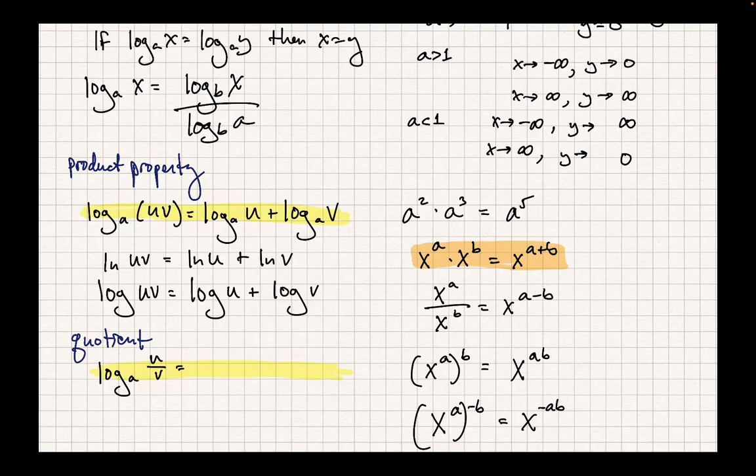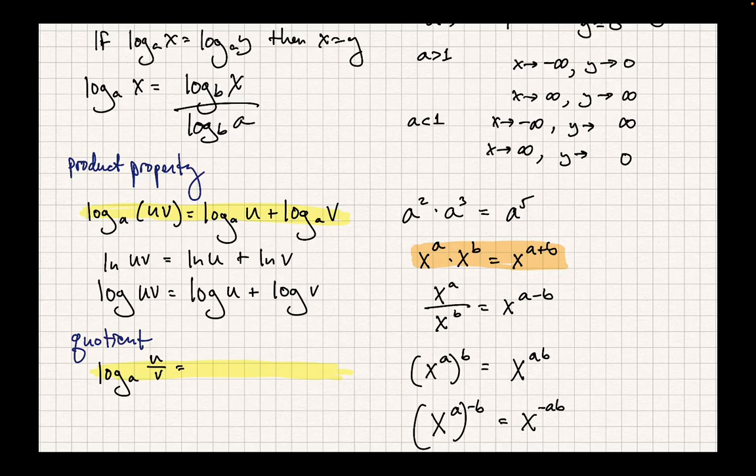So maybe your intuition wants you to say that log of u times v is log of u times log of v. That would be a nice pattern if it did that, but that's not how it works. It's the same way that x to the a over x to the b is not x to the a divided by b, it's x to the a minus b.